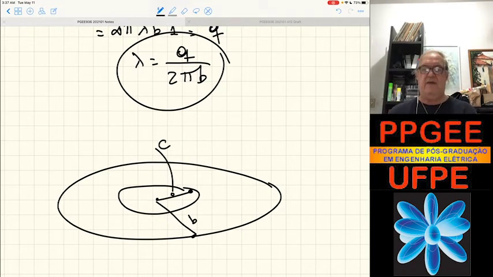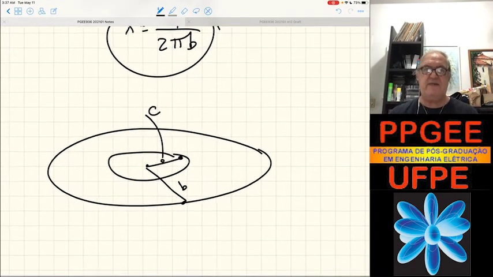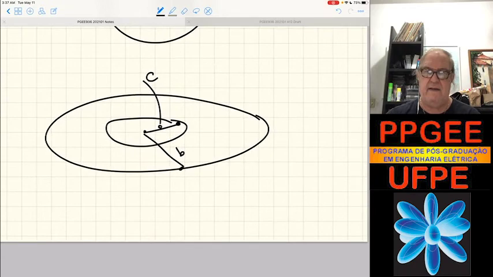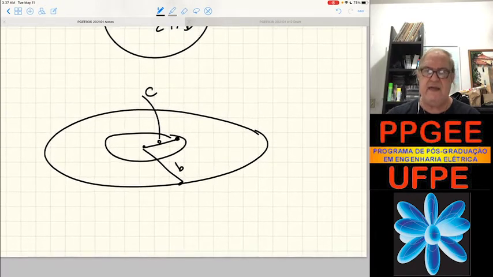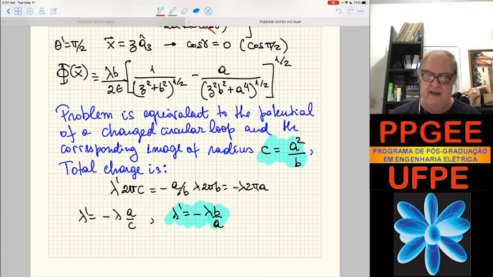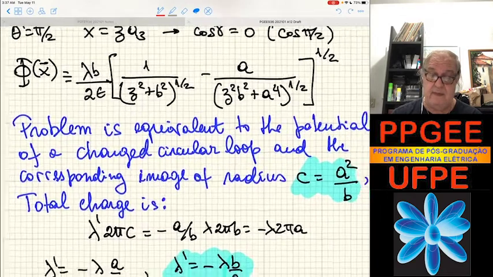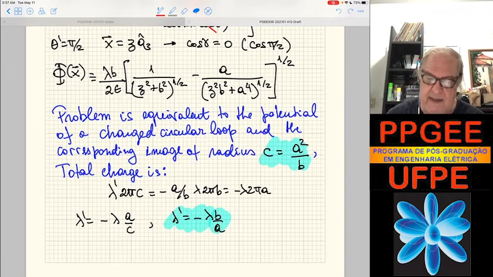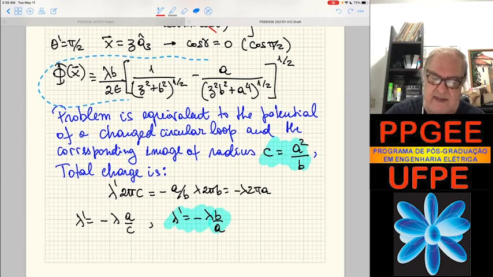You have two concentric charged lines. It's very easy to calculate the potential on the z-axis. That's what we did, and the result gives this result here. I'm going to do the calculation without using Green's function, so this is the result we get, correct?